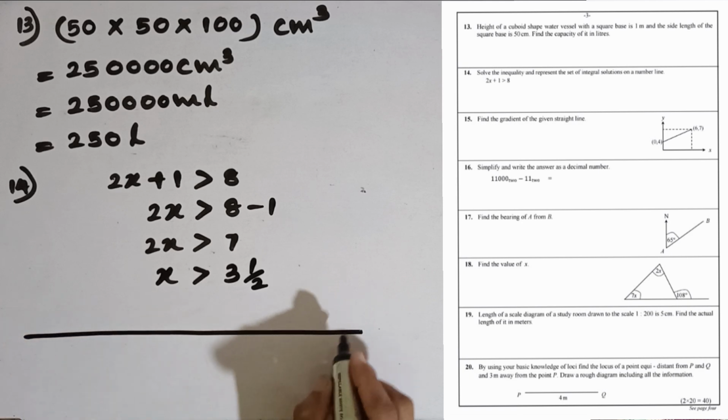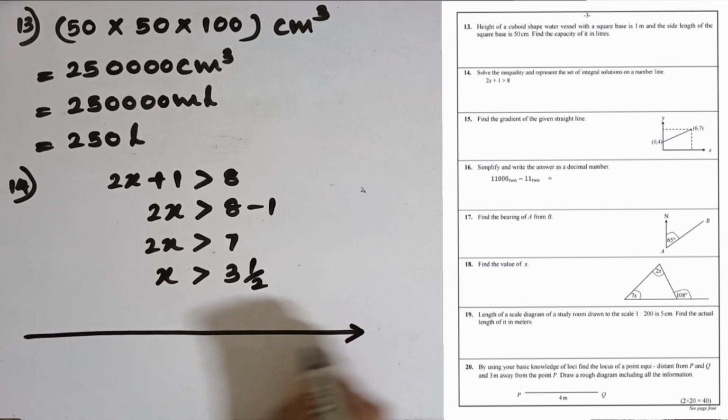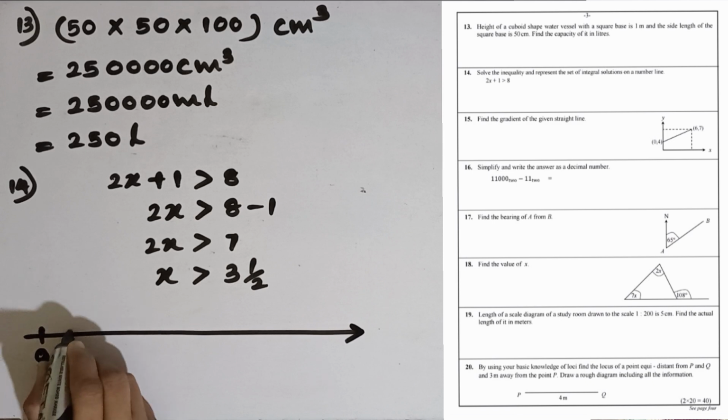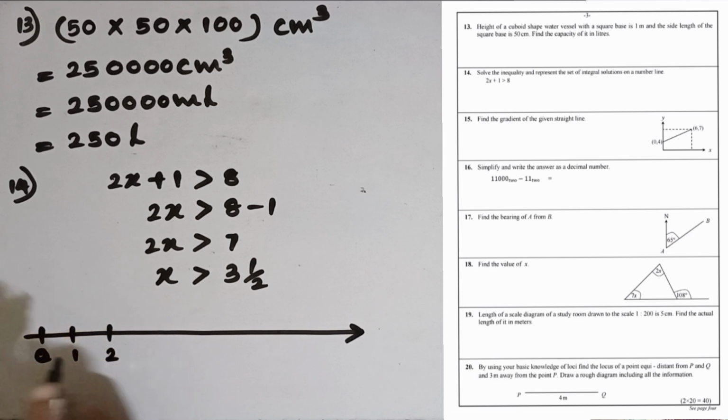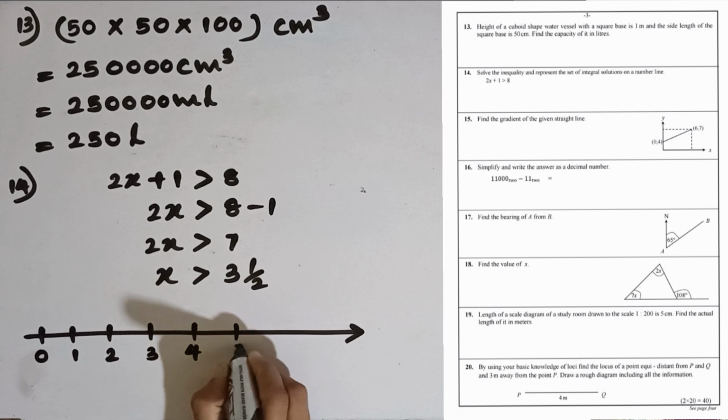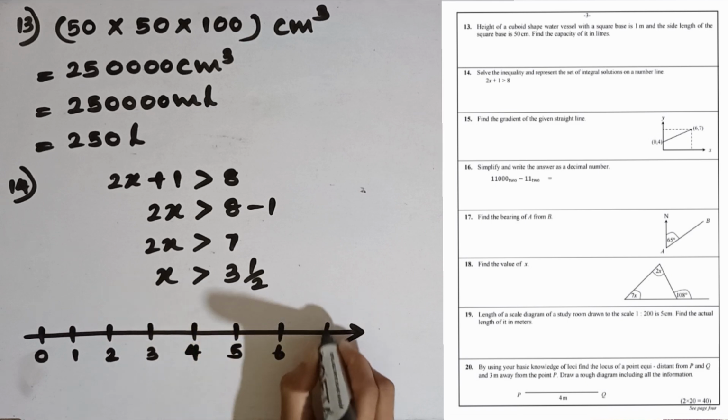Now we want the integral solutions, only the integral solutions. I'll draw a number line like this. 0, then 1, 2, here 0, 3, 4, 5, 6, 7.